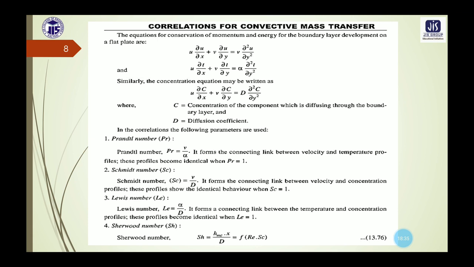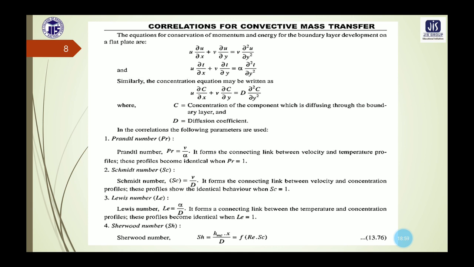Now here C is the concentration of the component which is diffusing through the boundary layer, and capital D is the diffusion coefficient. Now different dimensionless parameters we need to use here.